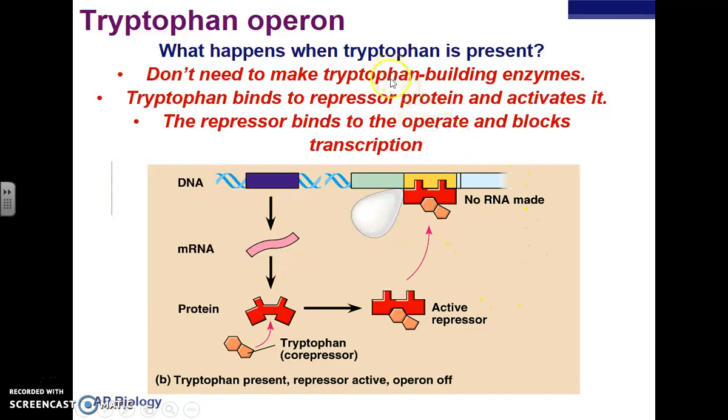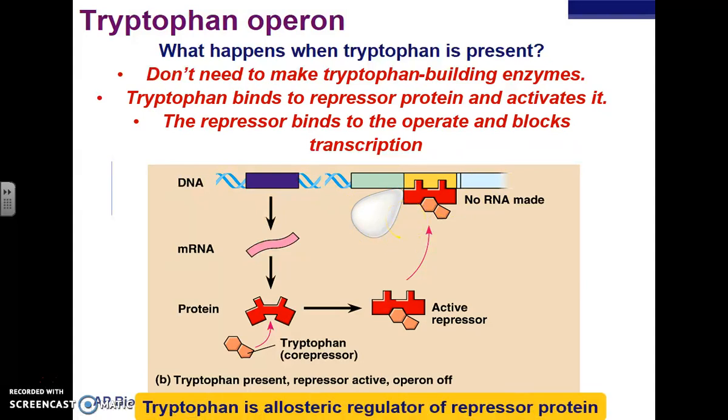It's important that you realize these steps and are able to say that when TRP is present, it binds to the repressor protein and activates it. When the repressor protein is active, it binds to the operator and blocks RNA polymerase, which blocks transcription. The other thing that is important is that tryptophan is an allosteric regulator of the transcription repressor protein.